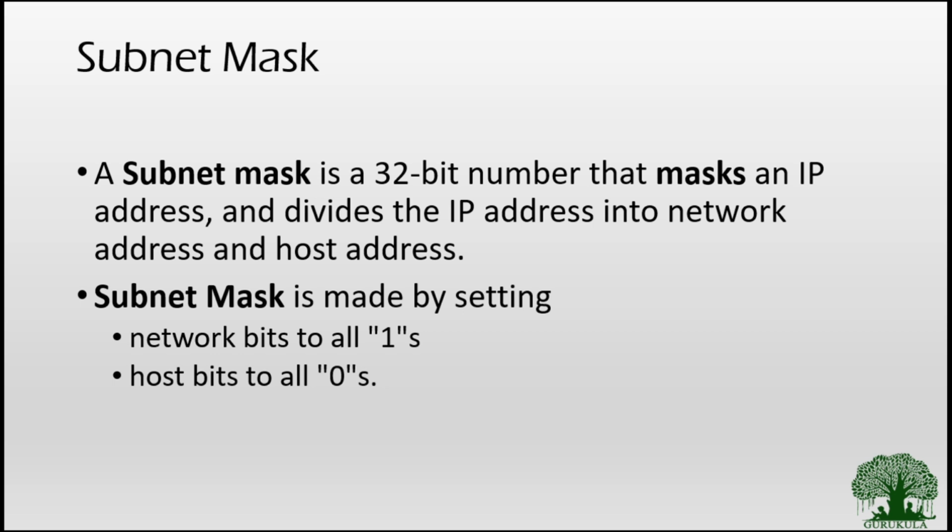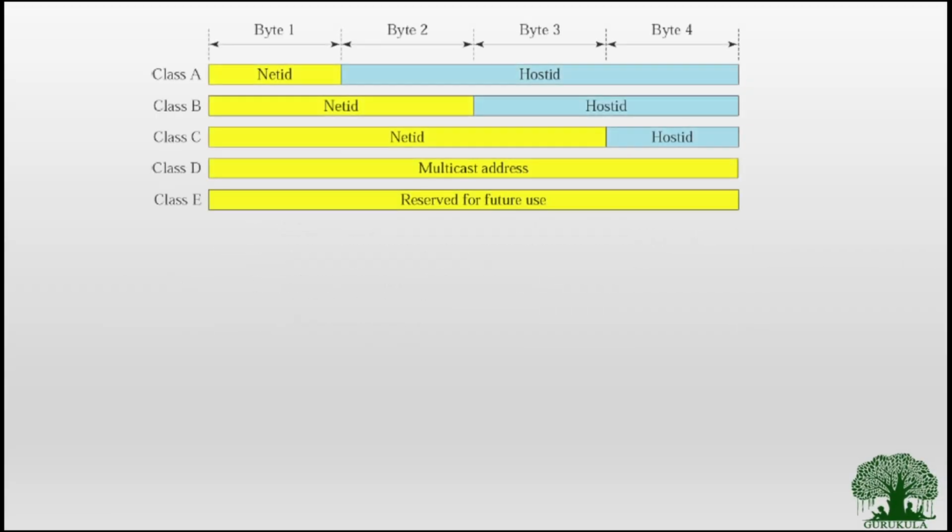With this you can see an example of a subnet mask. Here you can see class A, class B, and class C kinds of IP addresses. As far as class A is concerned, we know that the first 8 bits represent the network ID and the last 24 bits represent the host ID.